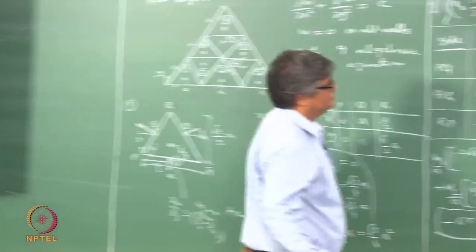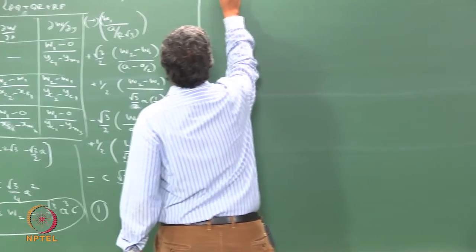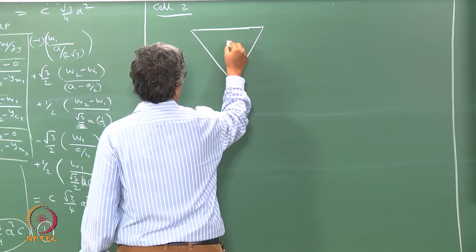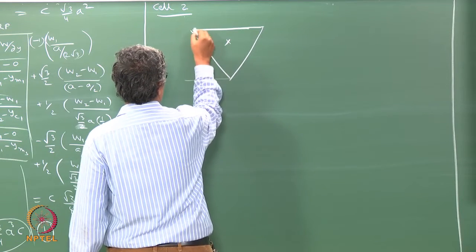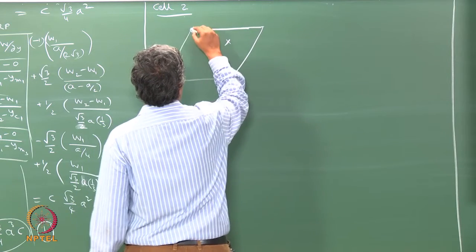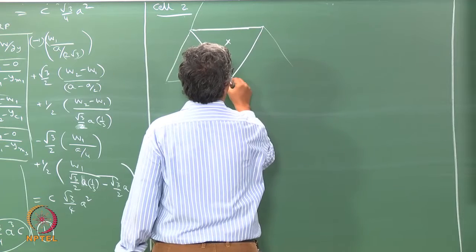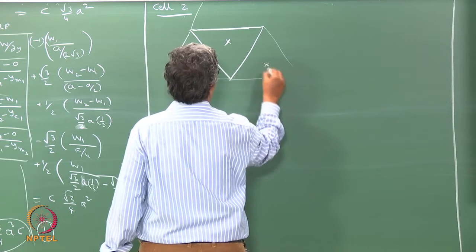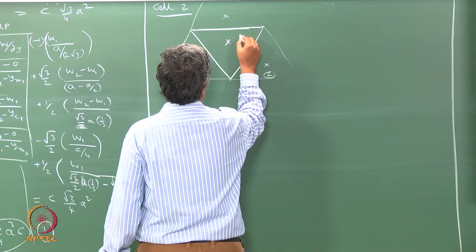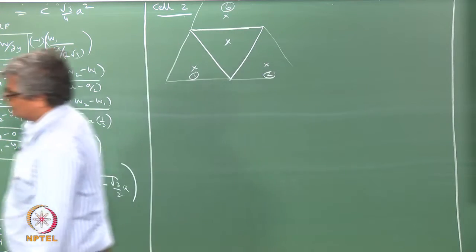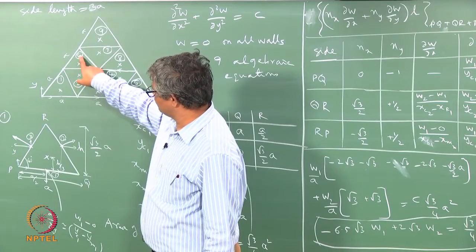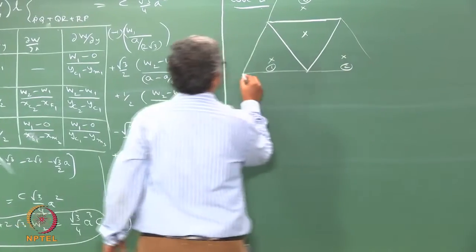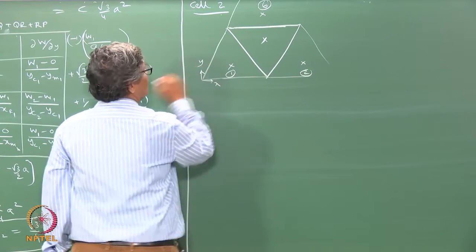So for cell 2, as per this figure, cell 2 has immediate top neighbor of 6, left neighbor of 1 and right neighbor of 3, and these are the centroids for each of these, and this is our coordinate origin.